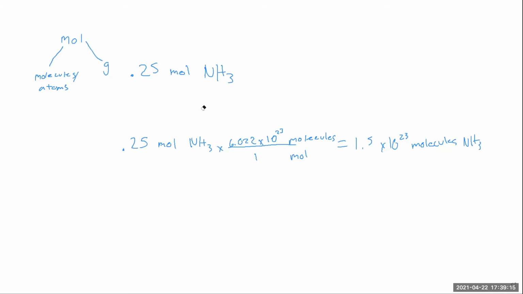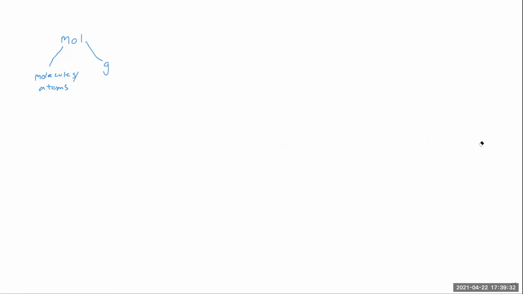So if I have moles, does anyone know how I can get from moles to grams? Could it be by using dimensional analysis? Yeah, we can use dimensional analysis, but there's a specific name to the conversion that we do to achieve this.